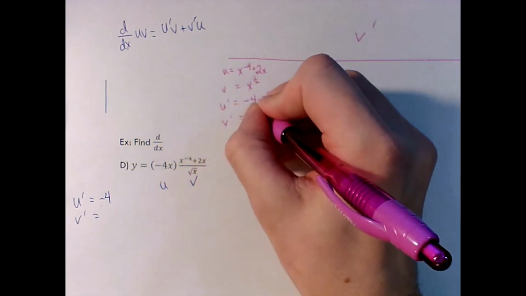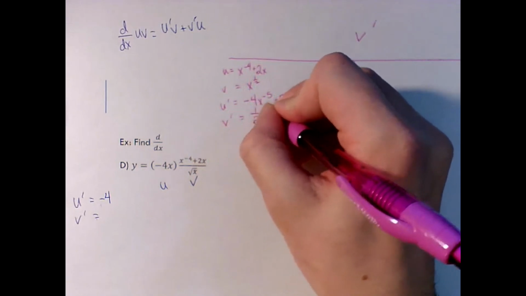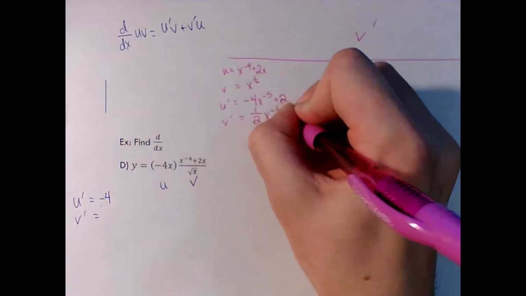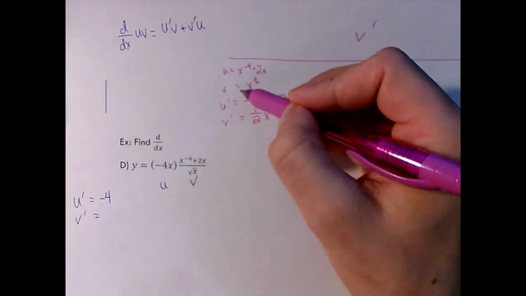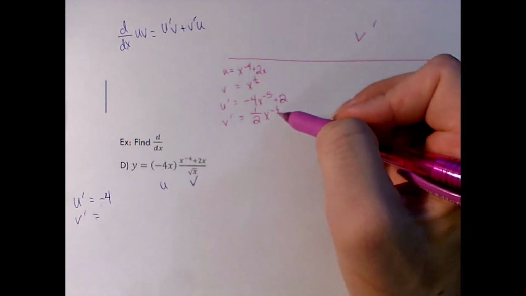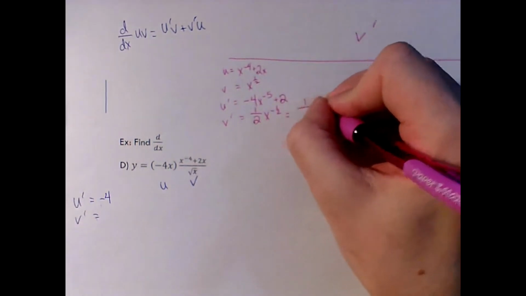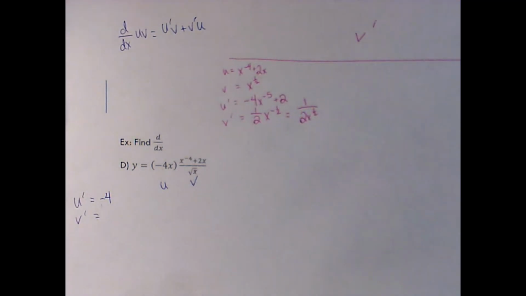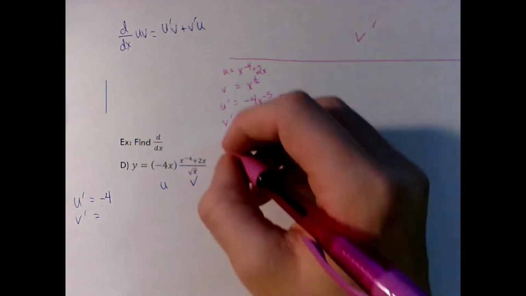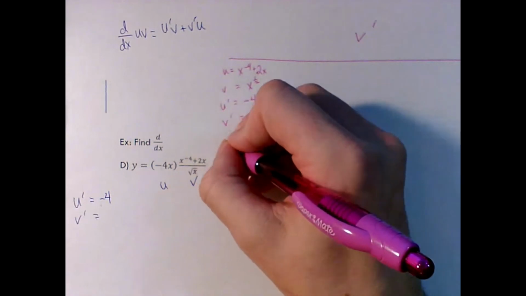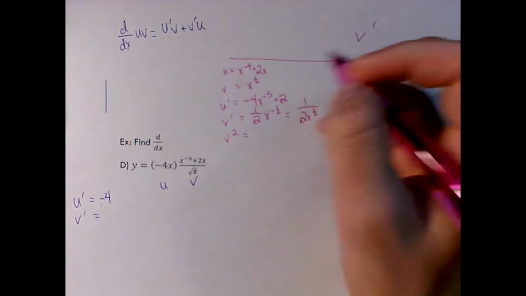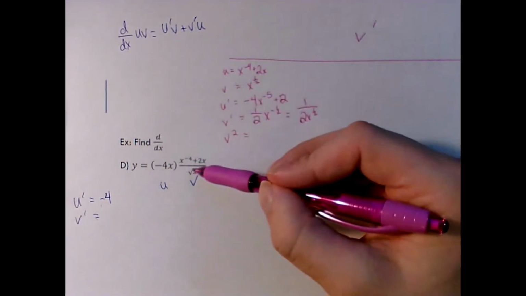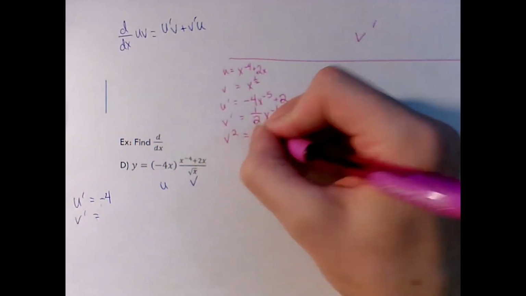V prime is going to be 1/2 x to the -1/2. Bring the 1/2 out front, subtract 1 from 1/2 to get -1/2, and I'll rewrite that as 1/2x to the 1/2. And v squared is going to be the square root of x squared, which is x.